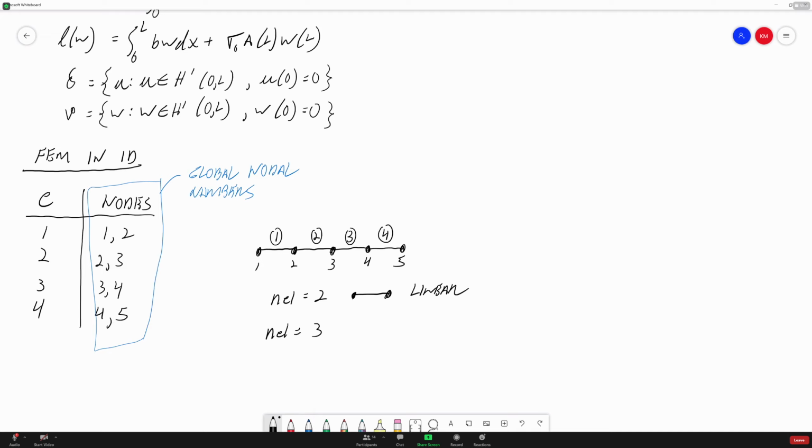There's probably a better way of doing it. The element is the same size with 3 nodes. So this would be considered a nonlinear element.